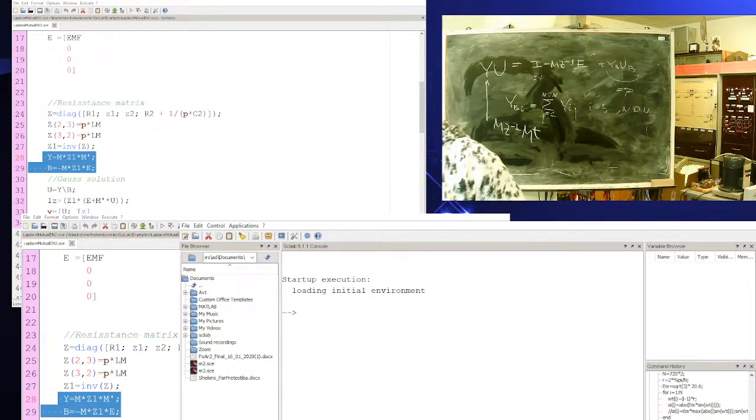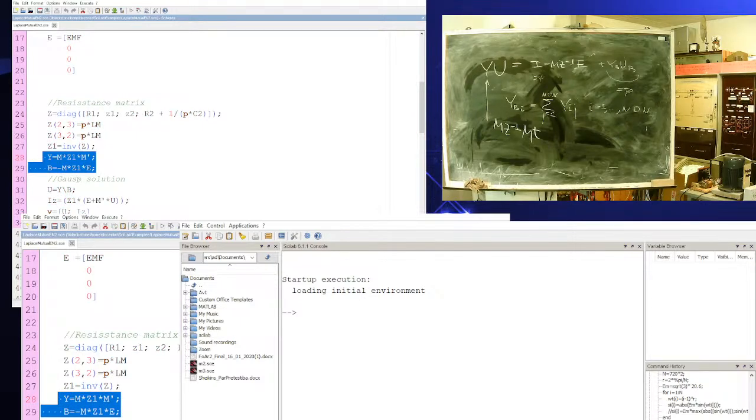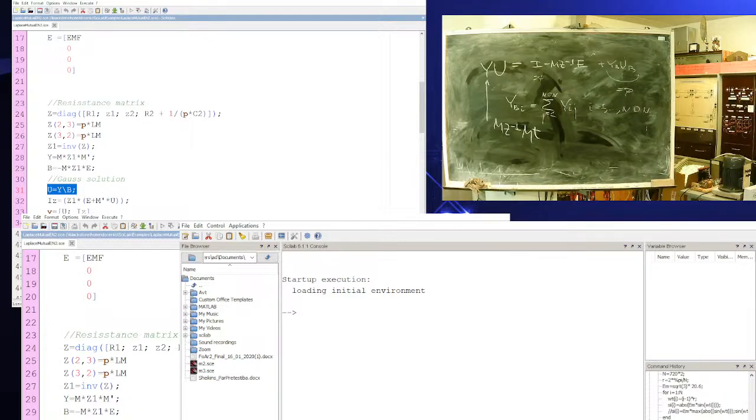Here you can see I have prepared nodal admittance equation, and I solve it, sorry I'm lazy, with built-in Gaussian technique, the method of Gauss. Quite popular.